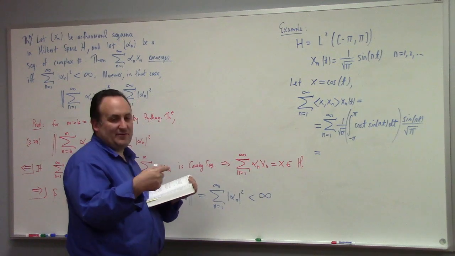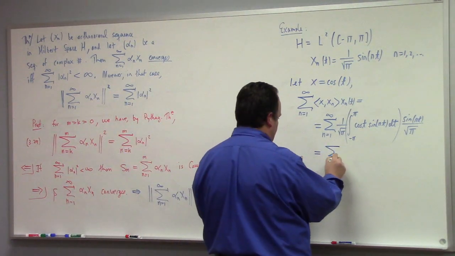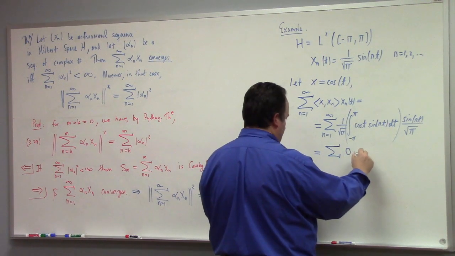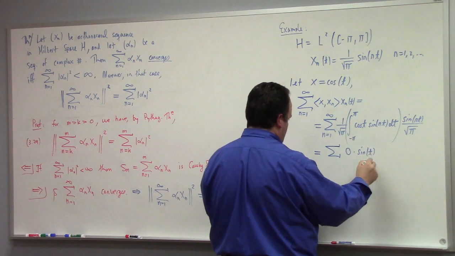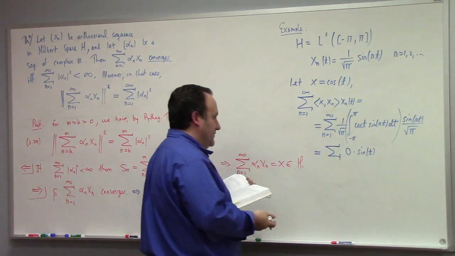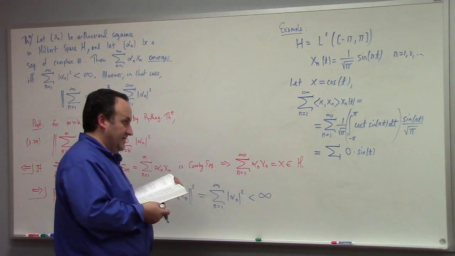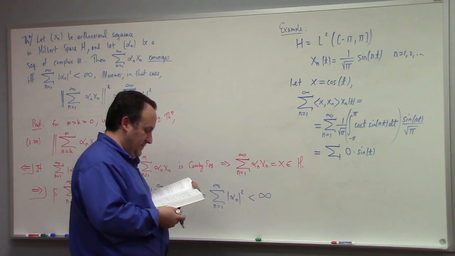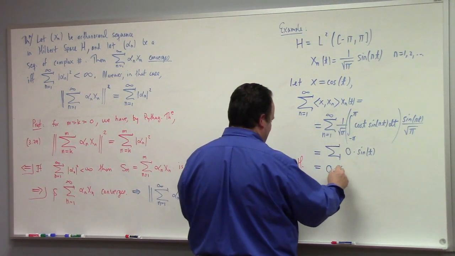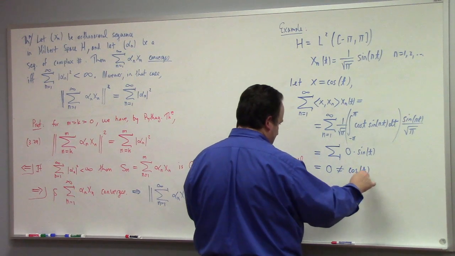It's an odd function, so the integral is 0. You can split the integral from minus pi to 0 and 0 to pi. Integrating an odd function over a symmetric interval about the origin gives 0. And so the Fourier series here is 0, and of course that's not equal to cosine t as a function.